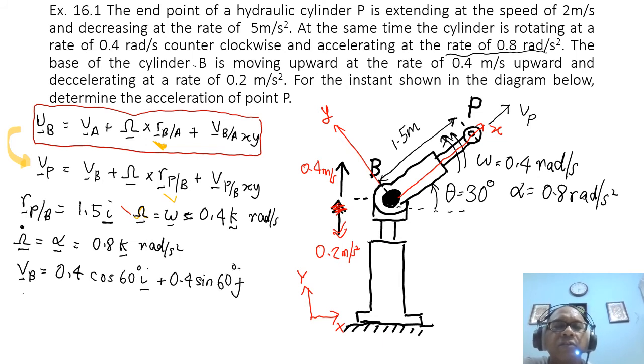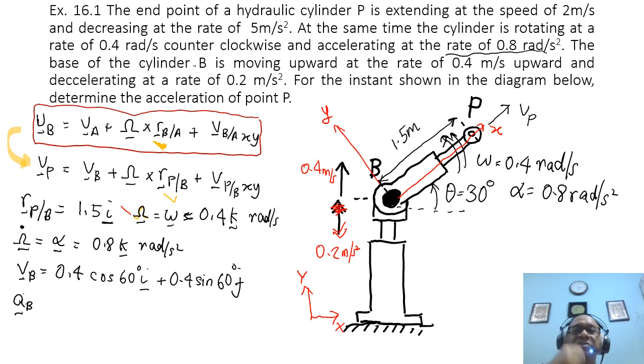Can you find the resolution here? I and J are relative to X and Y. So I just said it's moving at 0.4, so the angle is 60. You can find the resolution there. What about the acceleration of B? We don't need the acceleration of B, but just in case, we know that the acceleration of B is pointing downwards now.